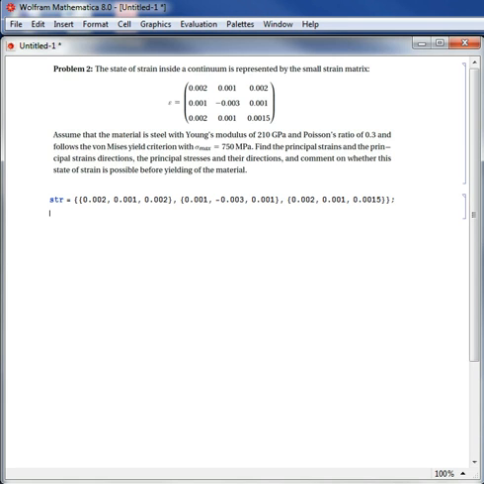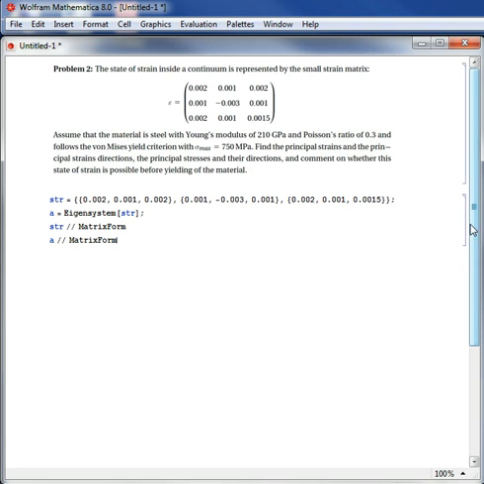To find the principal strains and their directions, I can input them inside the variable A. This variable A is made out of the eigensystem of the strain matrix. I'm going to present the strain in matrix form, and I'm going to present its eigensystem in matrix form.